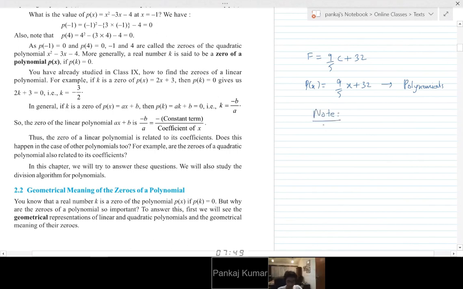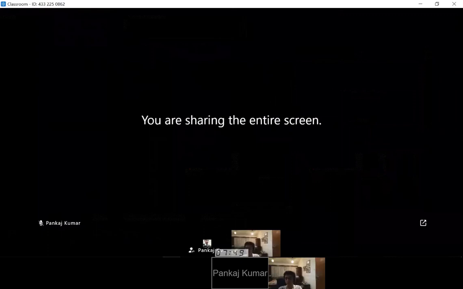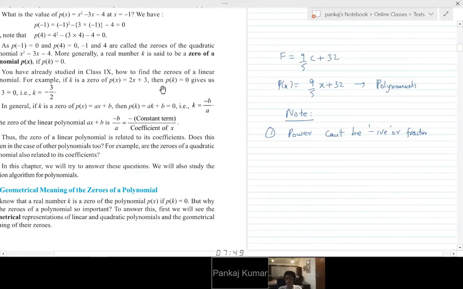The power of a polynomial, or the degree, not degree, just power, can't be negative or fraction. This is compulsory. Very, very important. Why can't it be fraction? Because that's not defined. We need to have complete power.